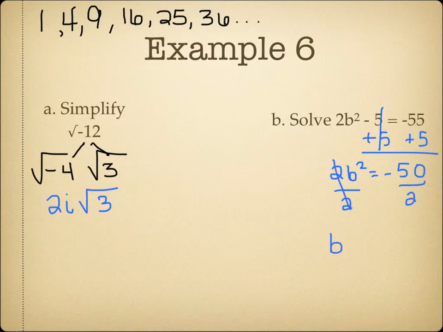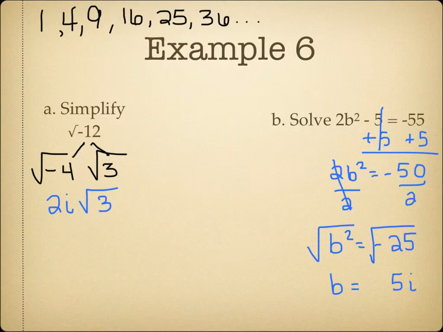So I get b squared equals negative 25. And now, square root it. What's the square root of negative 25? 5i. And then because I'm solving, I'm going to remember to put plus or minus in front of it. Remember, the plus or minus comes in anytime you see the word solve.